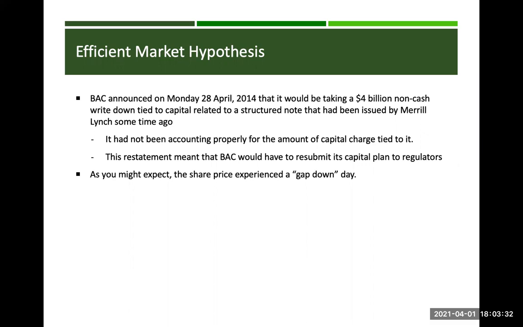So this was announced before the market opened on Monday, April 28th. And when the markets did in fact open, there was a knee-jerk reaction, and most people call it a gap down. It opens below the prior day's trading range, and it never gets back up into the prior day's trading range.